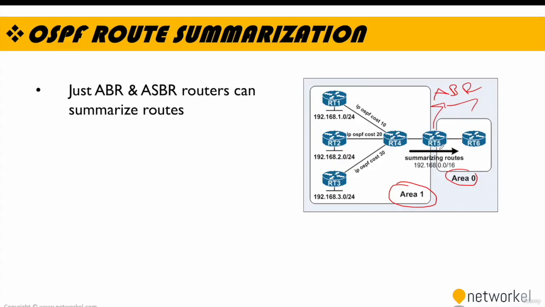Here I can see that router 5 is performing inter-area summarization. We have prefix 10, prefix 20, and prefix 30, all with a subnet mask of /24, and router 5 is summarizing all those networks as a single network with a subnet mask of /16 to router 6.